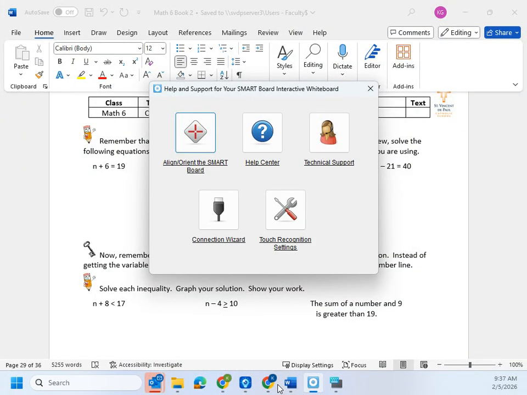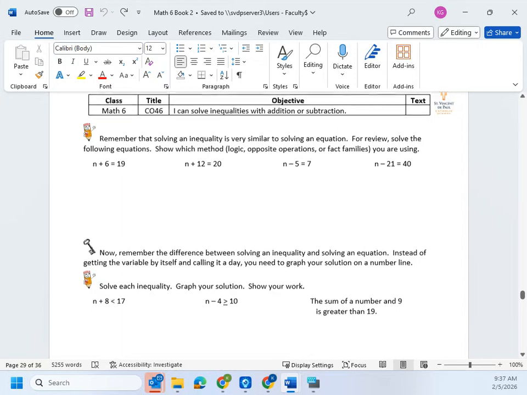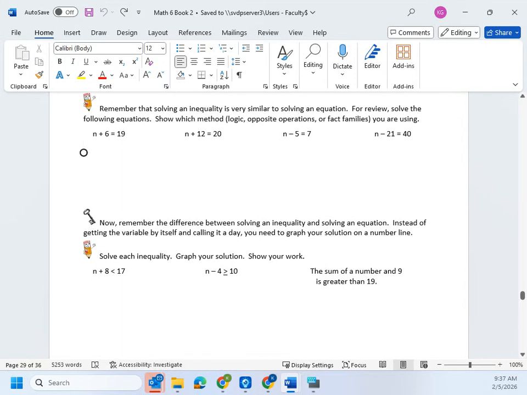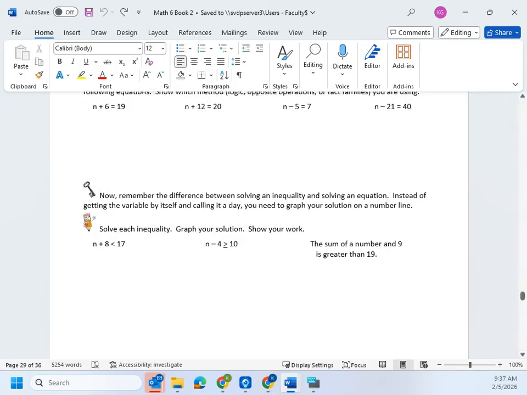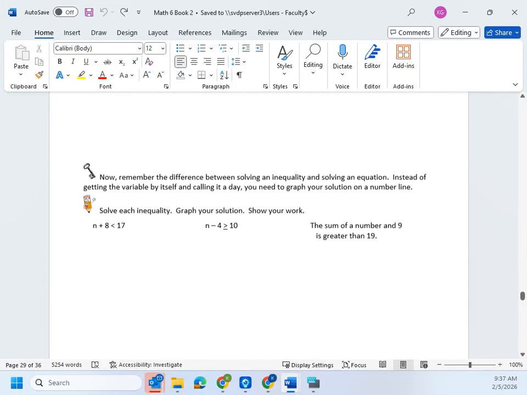Okay, so what we have at the top is those one-step operations that we did last unit. Remember, we did opposite operations to get the variable by itself. So in order to move that constant, that number, over to the other side, we do the opposite operation. So look at n plus 6.